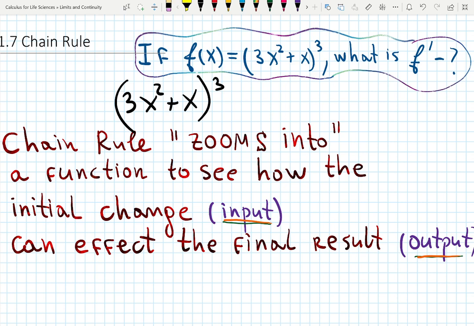So the more complicated an organism is, the more chain rule it involves. And that's why chain rule zooms into a function to see how the initial change, which is input, can affect the final result. How a small change of the blood flow in your heart might change the heartbeat. That is exactly a good example of nesting functions. Function inside of the function inside of the function. Bless you.